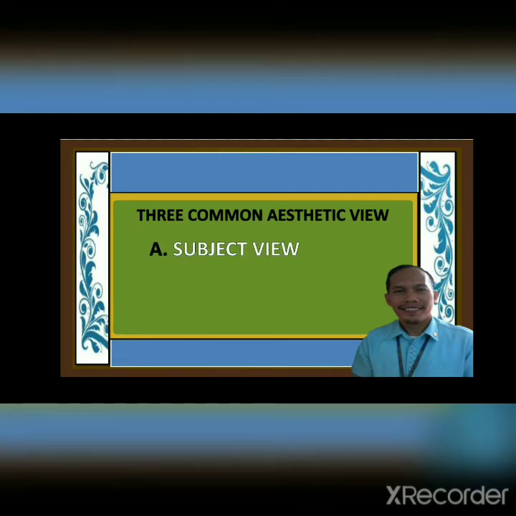The first one is the subject view. In the subject view, for example, the chair or the still life. In the subject view, if you take note of a light, it also gives the subject view like the expression, the intellectual, or the emotion.